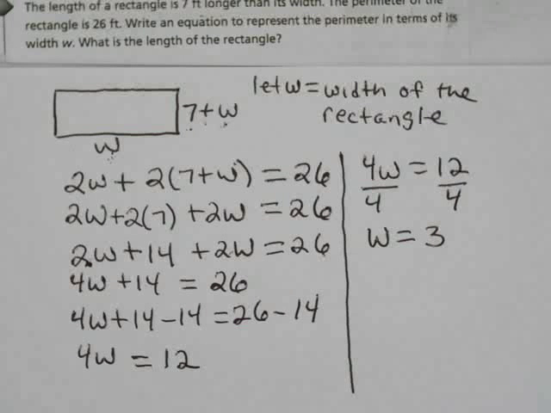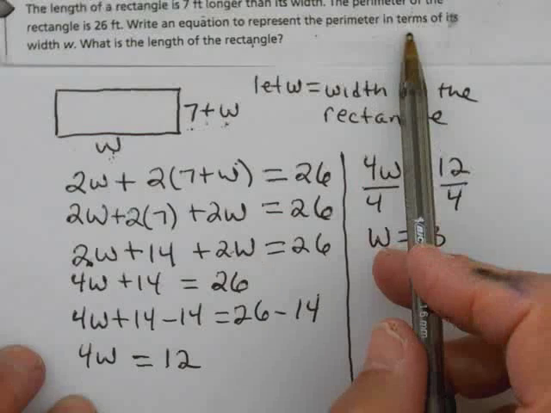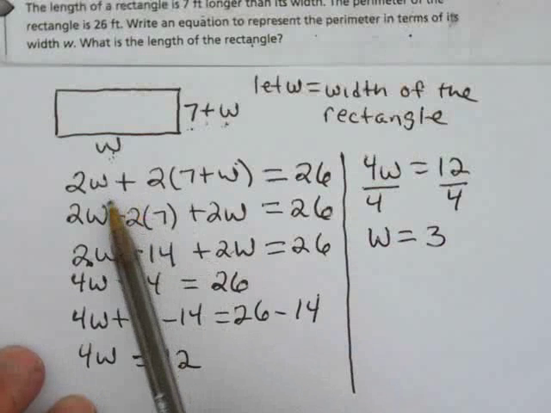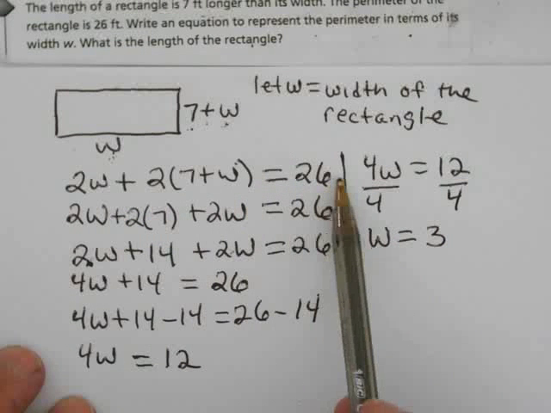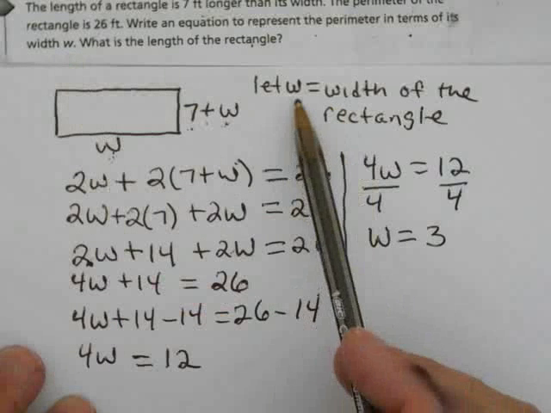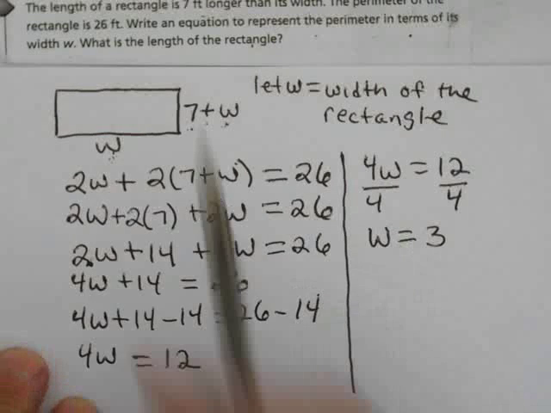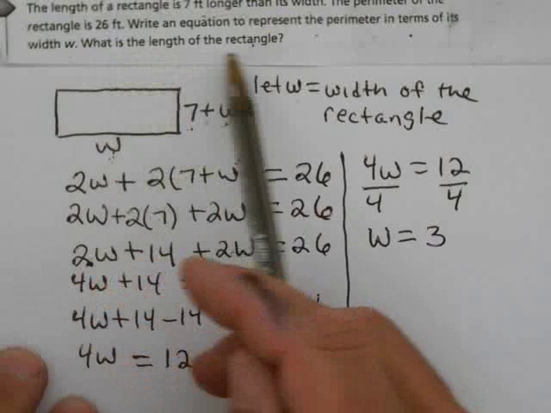But let's go back to that last sentence and find out what they wanted us to do. What it says is, write an equation to represent the perimeter. Well, we did that. This is our equation that's representing the perimeter in terms of its width, W, and we used the variable W. And the question, this is where you have to be careful, they're not asking what the width is, they're asking what is the length of the rectangle.